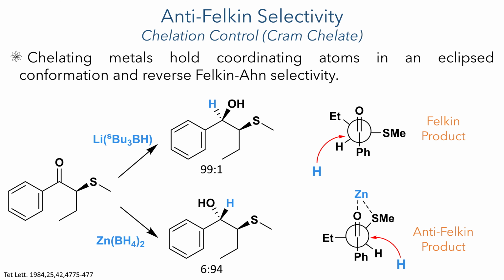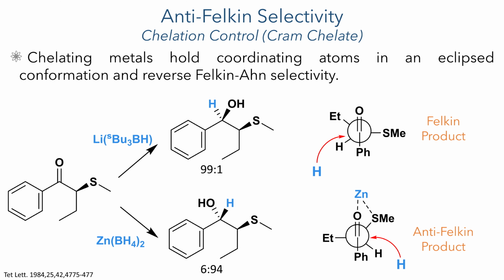This is possible when there is a substituent adjacent to the carbonyl group which is capable of coordinating to a metal. In the example shown here, we can see that the Felkin product is formed when the carbonyl group is reduced with a lithium-based reagent. As lithium is a small monovalent ion, it is not good at chelating between two groups. This reaction therefore forms the Felkin product, as steric effects determine the outcome of the reaction.